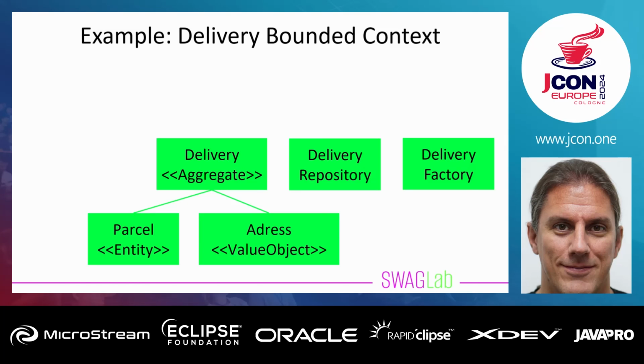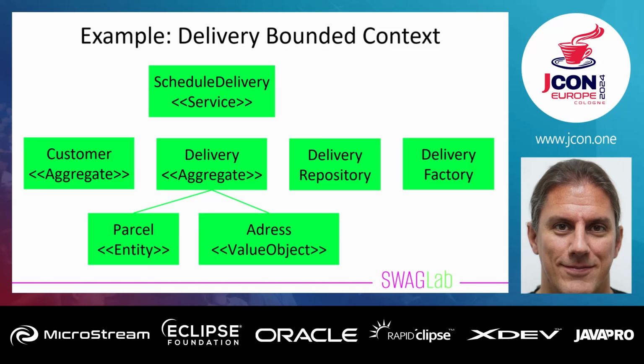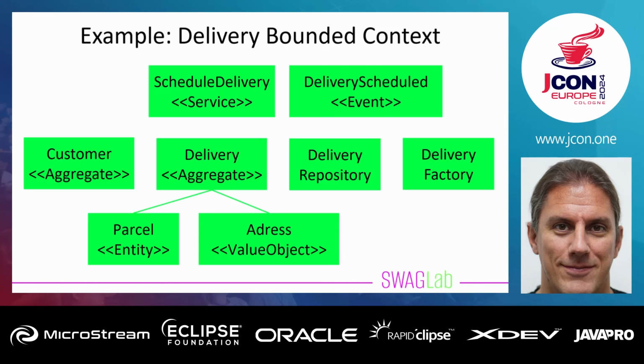We might have a repository about all the different deliveries that there ever were. We might have an aggregate like a customer. And then we would have something like schedule a delivery, which would be a service, which would probably talk to the customer and the delivery. So therefore, that logic cannot be part of either aggregate, but it has to be somewhere else. And then you could have an event that says, okay, a delivery has been scheduled.